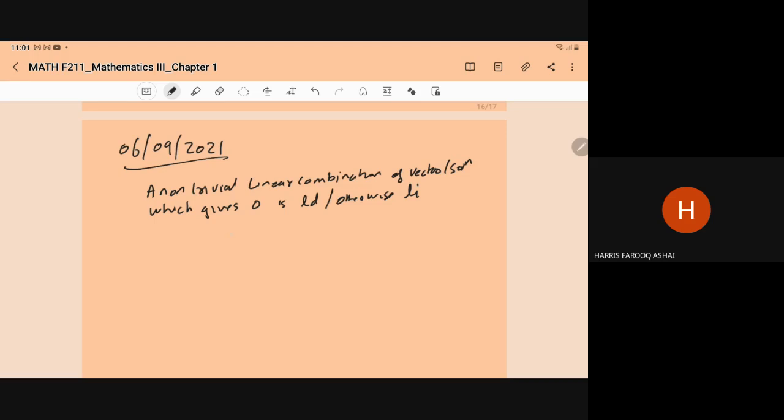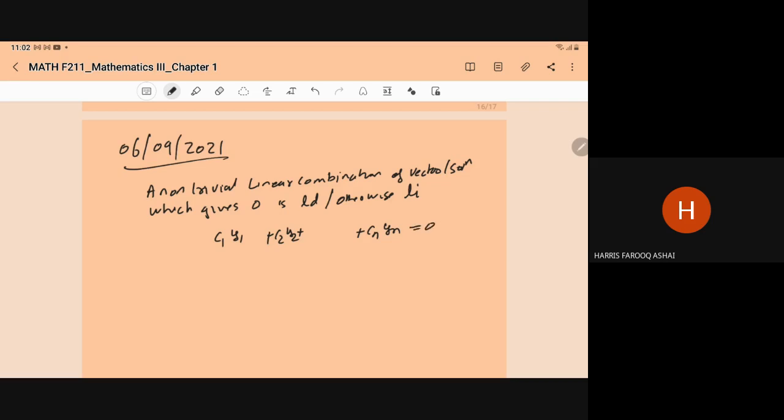Means if we have y1, y2, yn given vectors or solutions, if you write c1, c2, cn and take their sum and it is equal to zero.